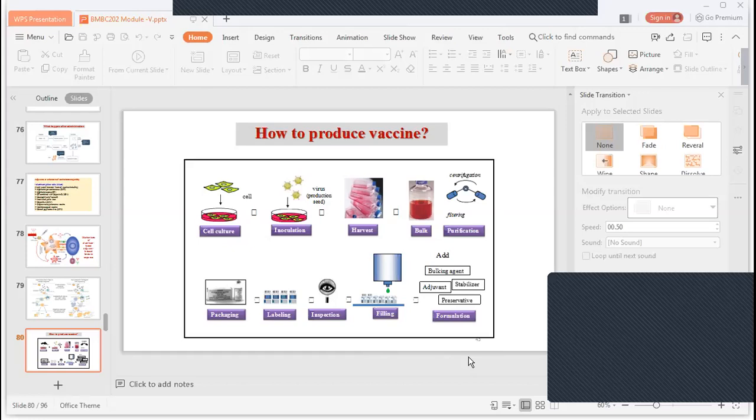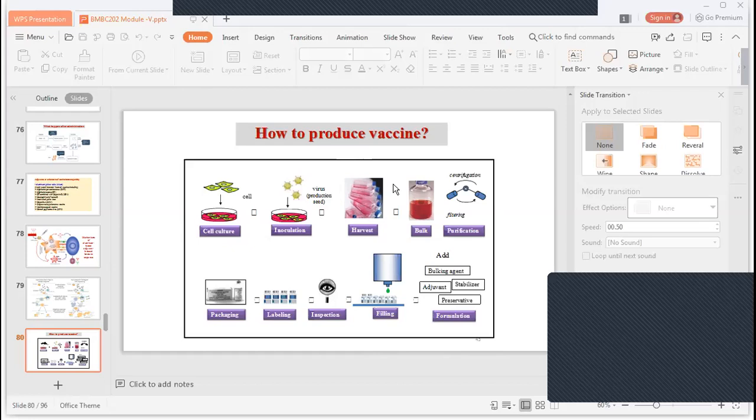So we are culturing the host cell, then inoculating the cells to infect the host cell with a certain type of virus. You can culture in embryonated egg also, fertilized egg also. Now, you can culture it in different T75 flasks, and then you have to harvest the cell.